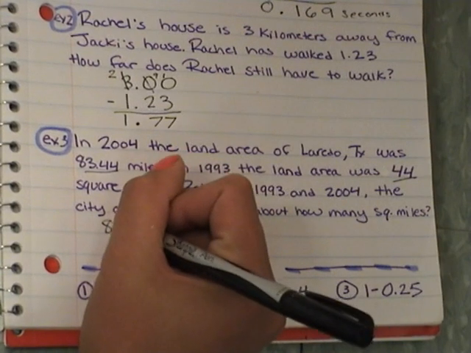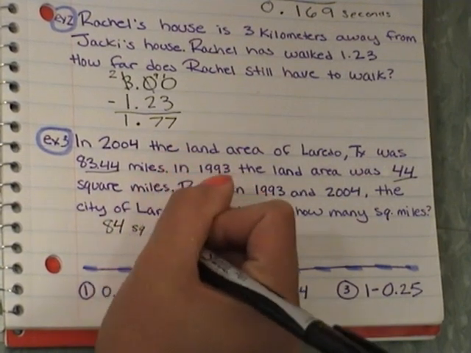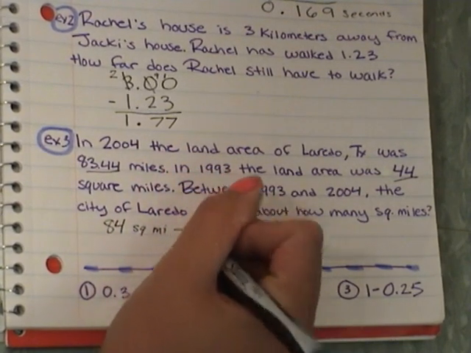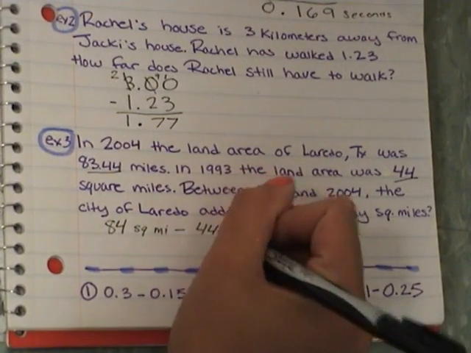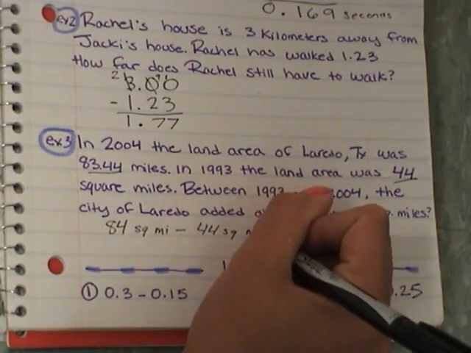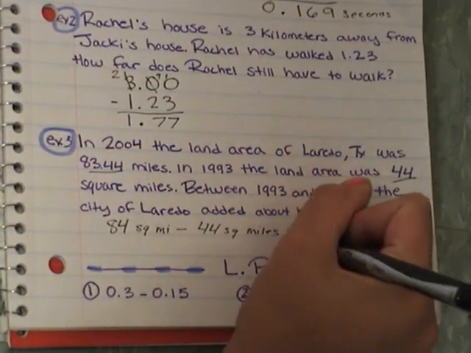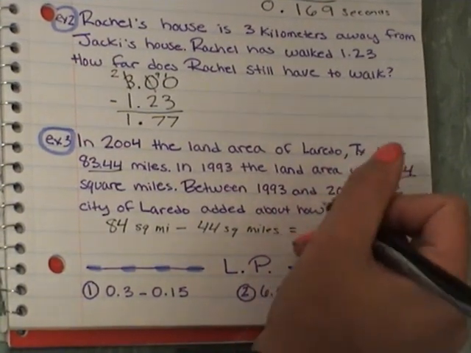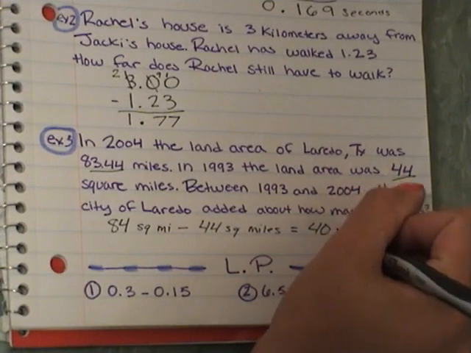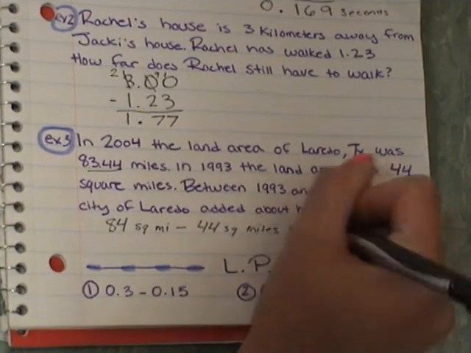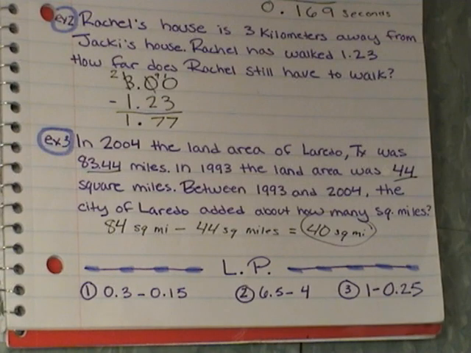So I would take 84 square miles and subtract 44 square miles, and I would get, simple, you can do this in your head, 40 square miles as my answer. So about 40 square miles.